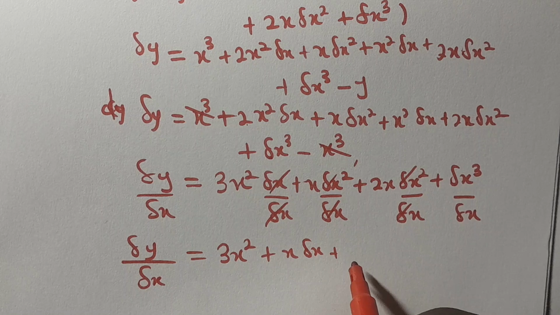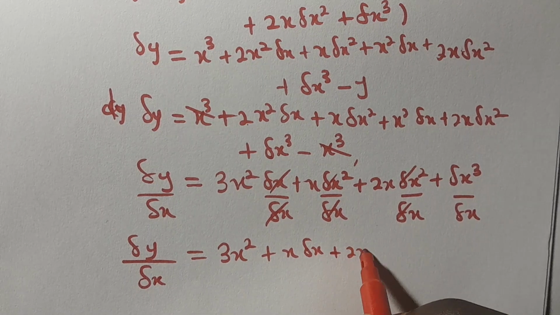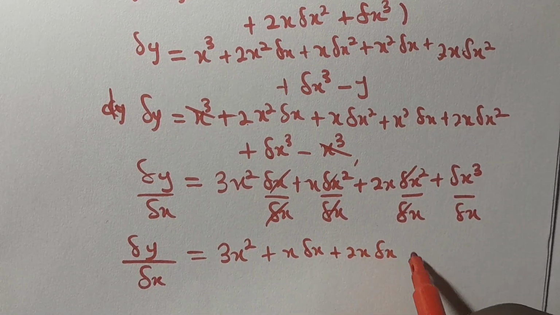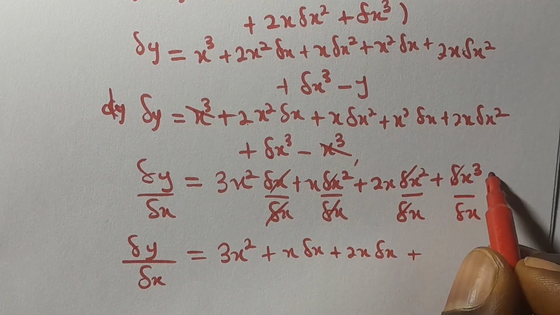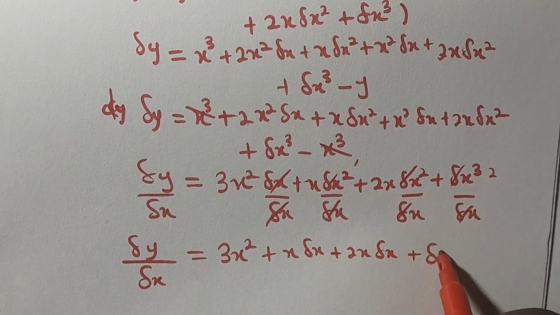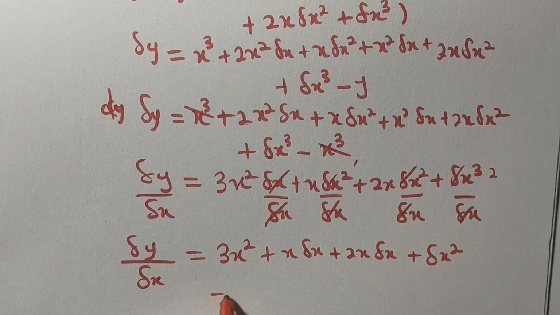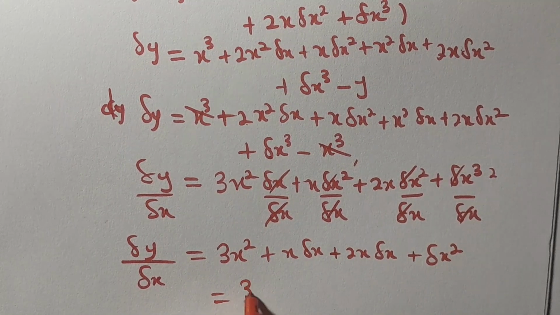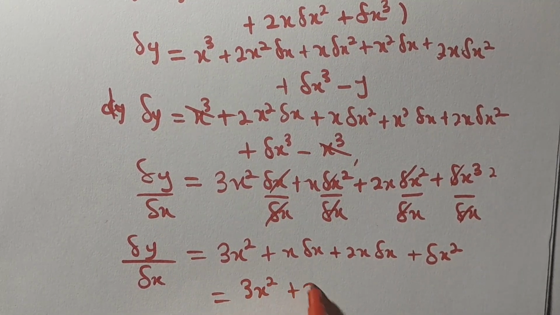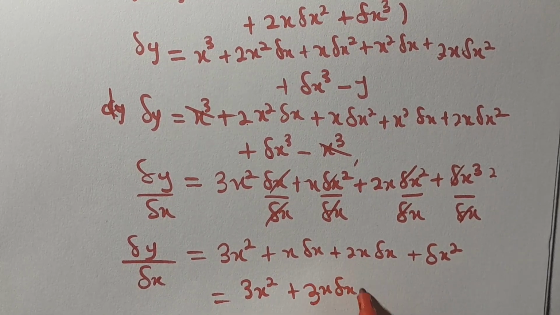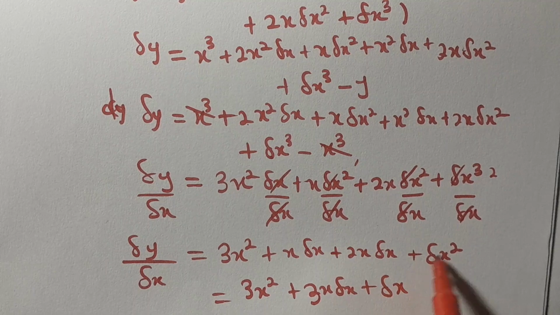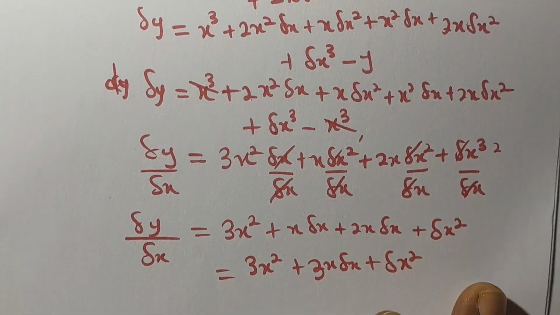We have 2x change in x. Then this one will remain 2. We have change in x squared. So from here we have 3x squared plus 3x change in x, this plus this, plus change in x squared.